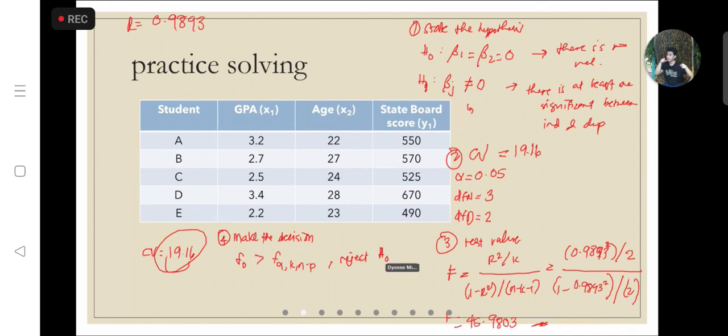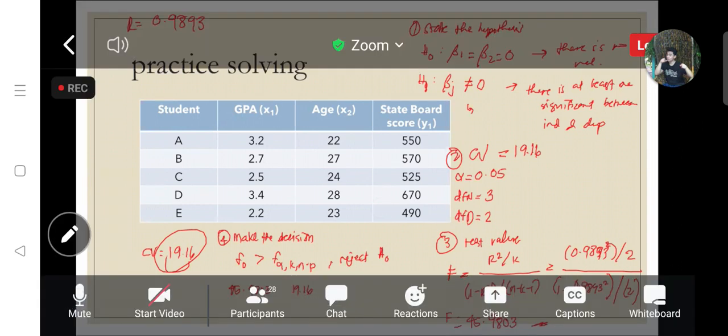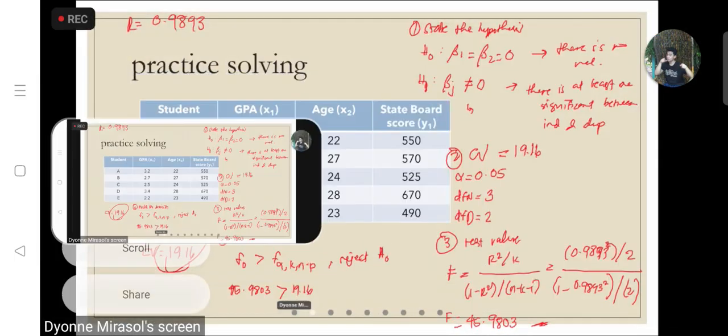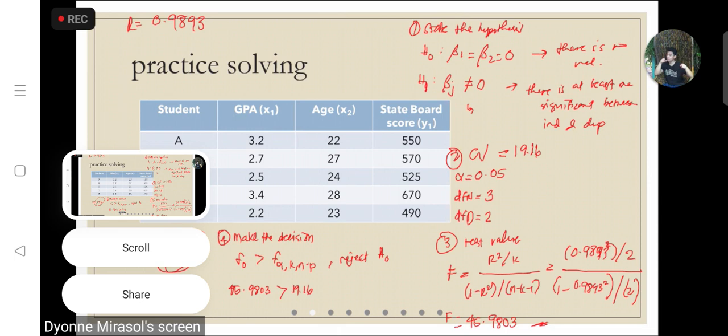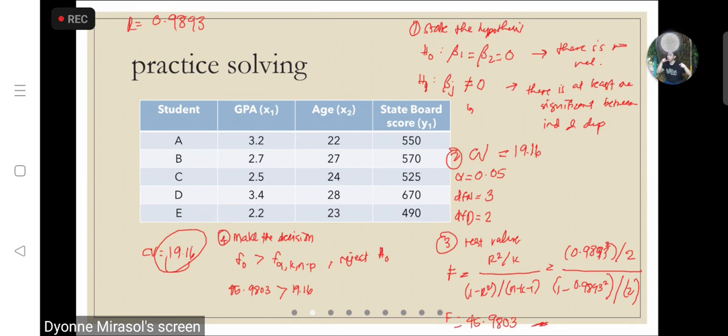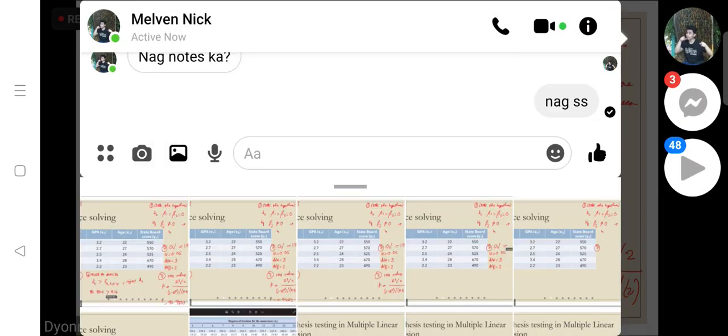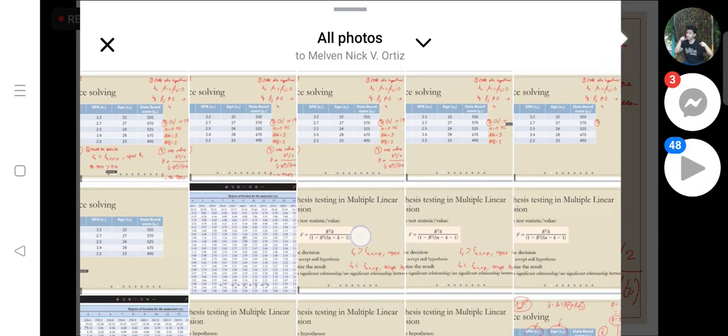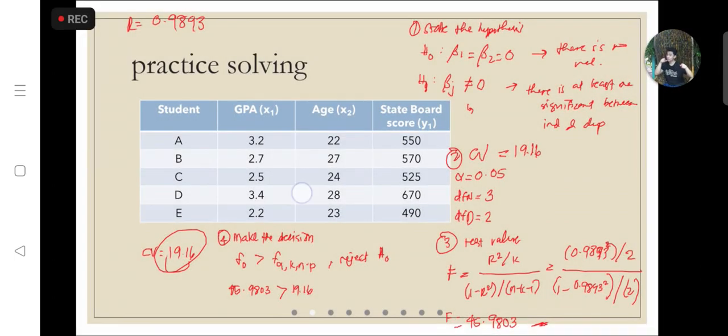Our test value is 45.9803 and our critical value is 19.16. Is the test value greater than or less than the critical value? Greater than. So are we going to reject or accept the null hypothesis? Reject.